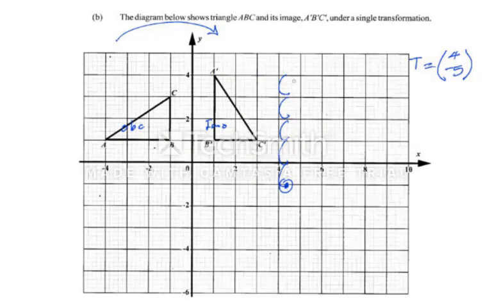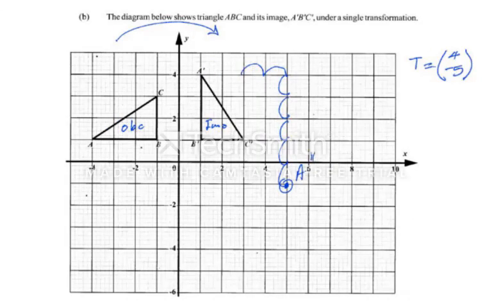That's the new position of A prime, so this becomes the point A double prime. All right, 3 units down, you're going to have B double prime, so this is B double prime. And 2 units across, you're going to have C double prime, so this is C double prime.